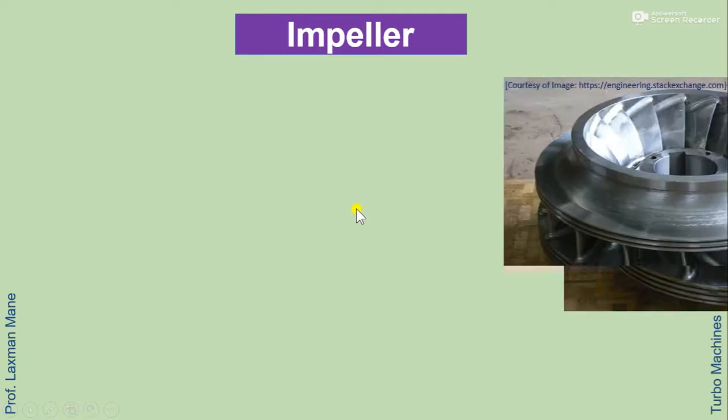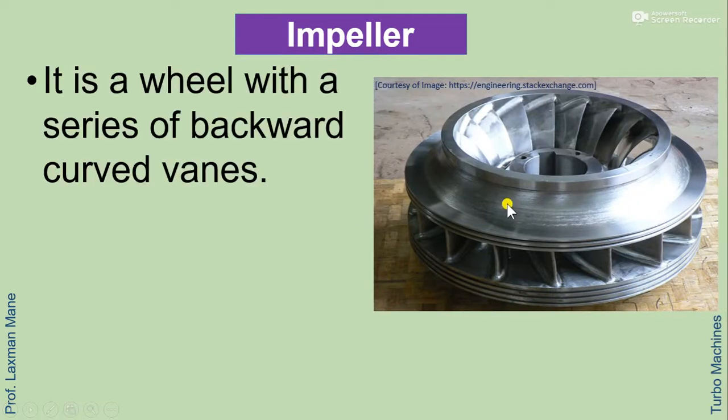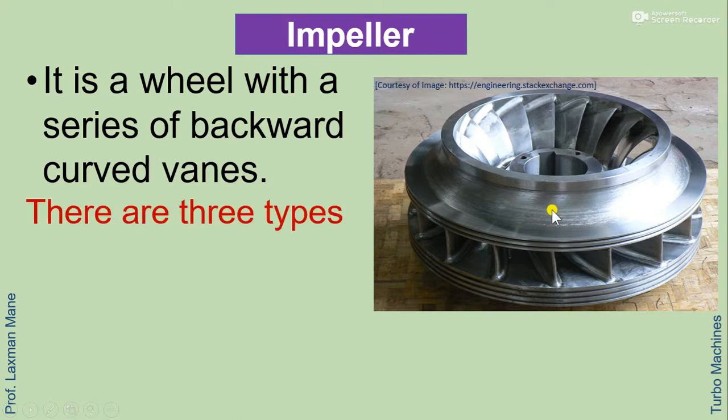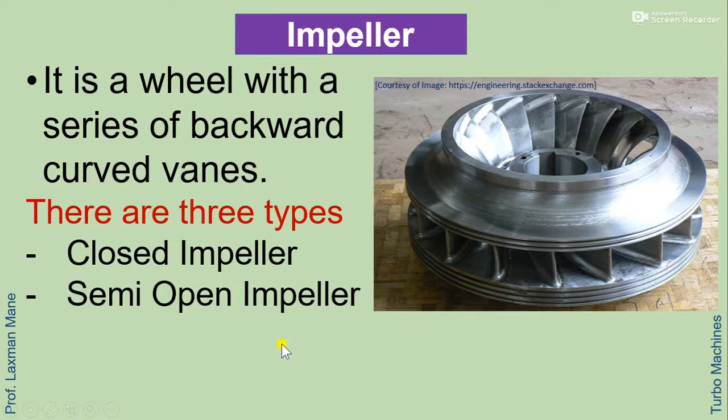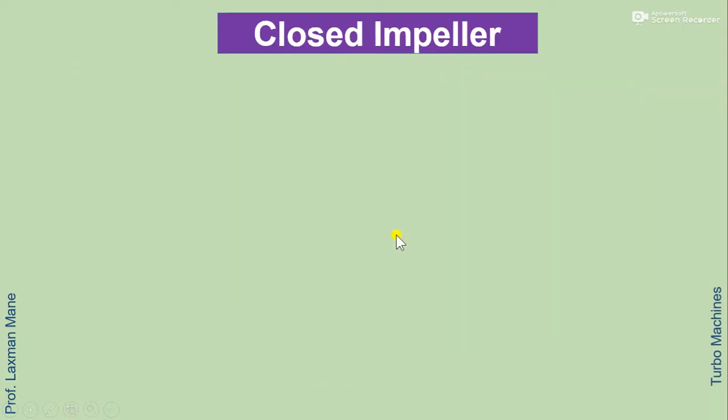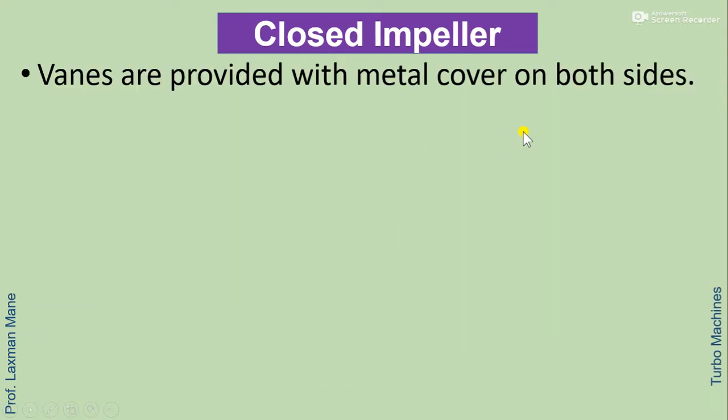Impeller. Here we can see a wheel with a series of backward curved vanes, that is called as impeller. There are three types: closed impeller, semi-open impeller, and open impeller. Closed impeller.